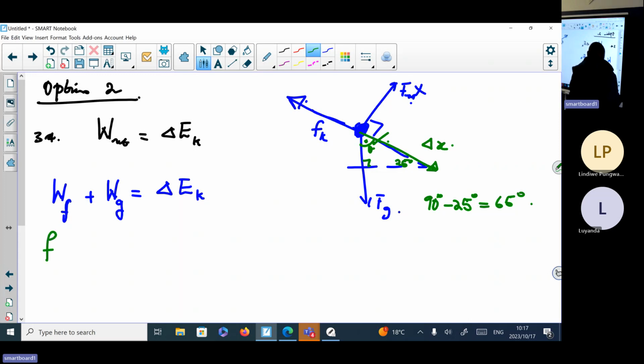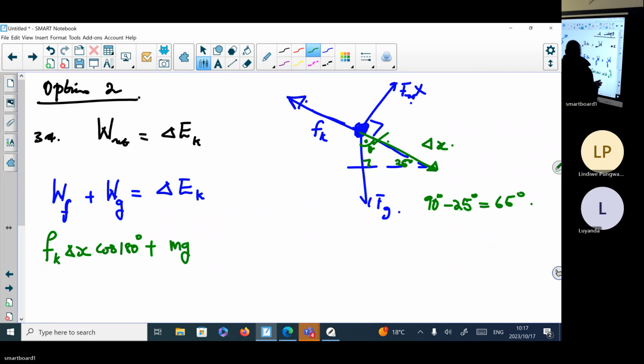Frictional force, remember, is at an angle of 180 degrees. But now, the work done by gravitational force is mg, the magnitude of your gravitational force, multiplied by the displacement, multiplied by the cosine of the angle between the gravitational force and the displacement. And like we have said, that angle is 65 degrees.